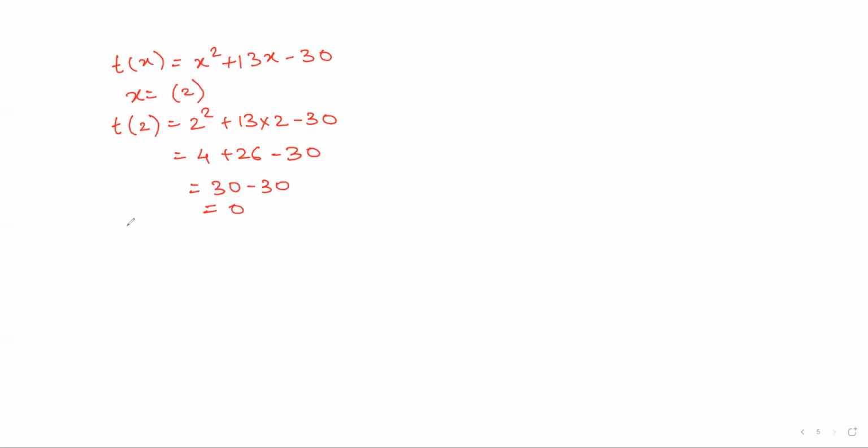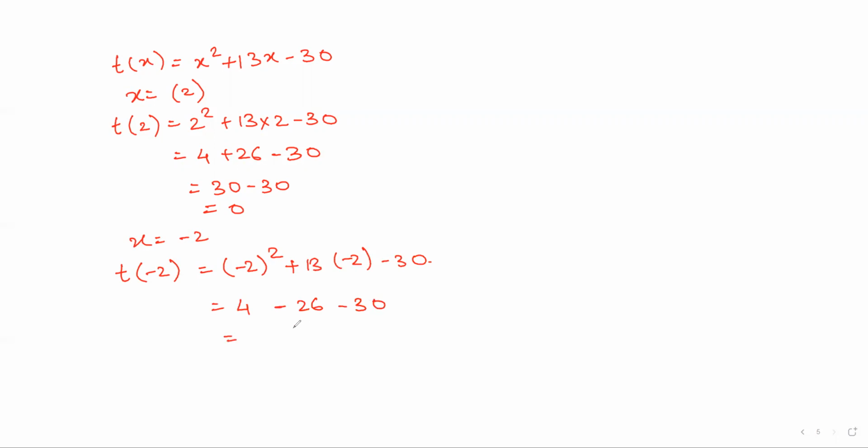What if we place x is equal to minus 2? t of minus 2 will be equal to minus 2 whole squared plus 13 into minus 2 minus 30. 4 minus 26 minus 30.